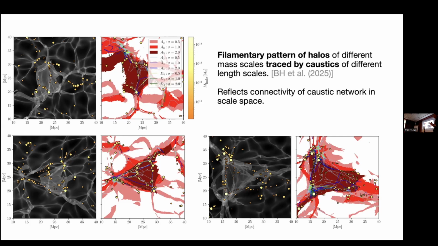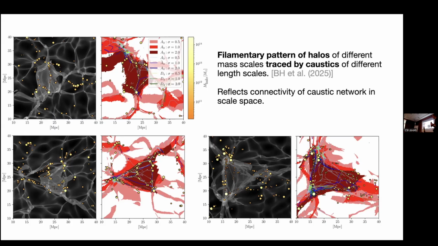This is a very important observation. The halos are not randomly distributed within cosmic walls, but instead they are traced by small-scale filamentary caustics from the caustic skeleton. Moreover, the masses of the halos are not uniform, but less massive halos reside in less pronounced, smaller-scale filamentary caustics, whereas the more massive halos reside in the dense clusters and dense filaments.